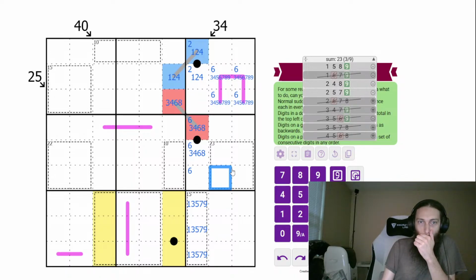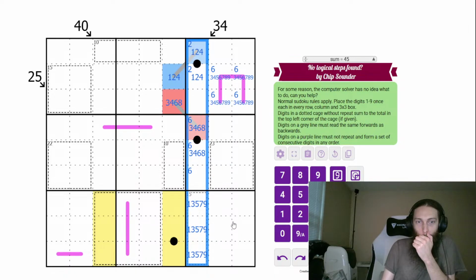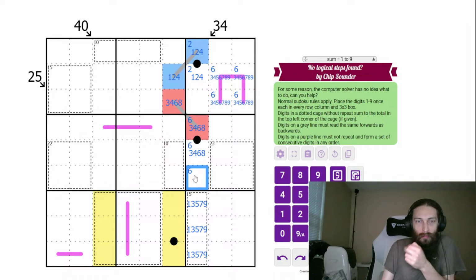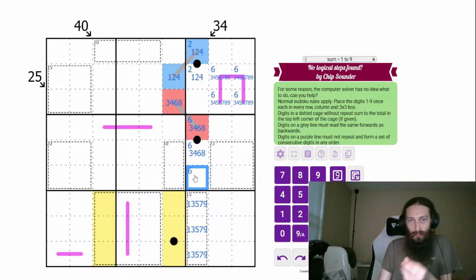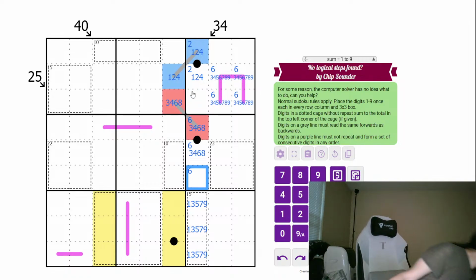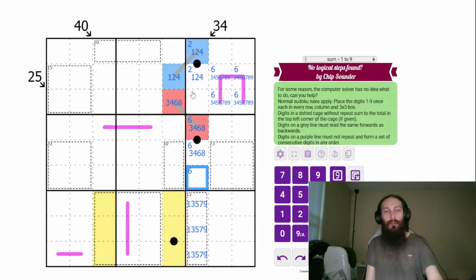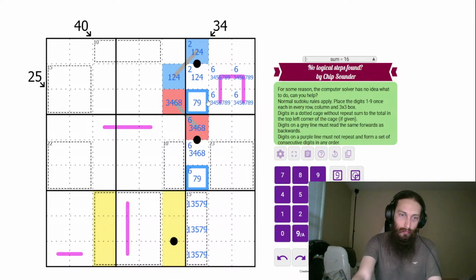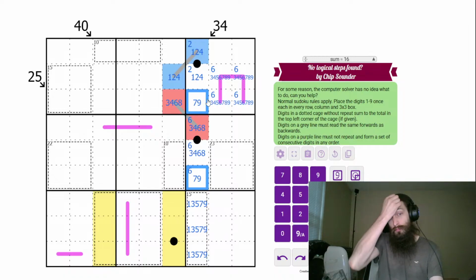In column 7, the 2 blank squares, one has to be 7 or 9, and the other has to be 6 or 8.